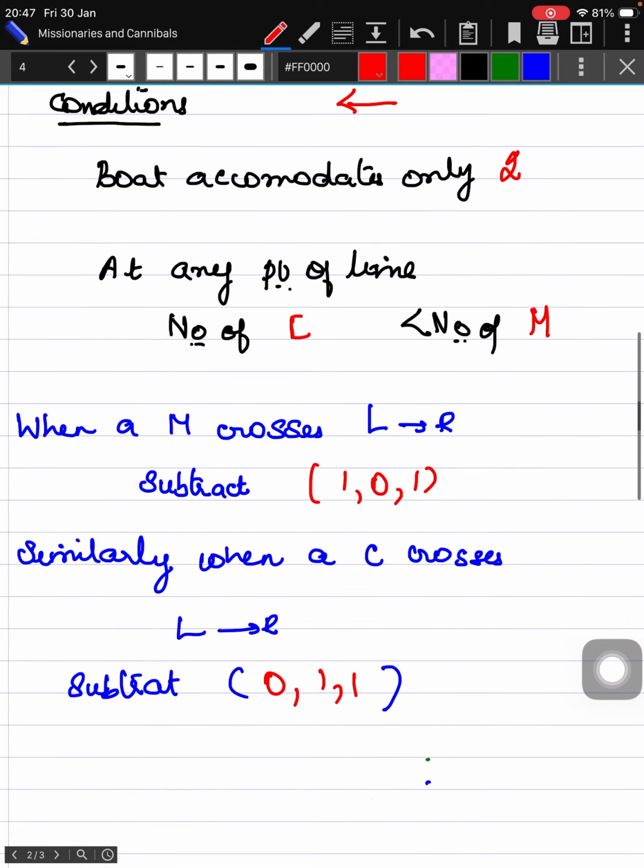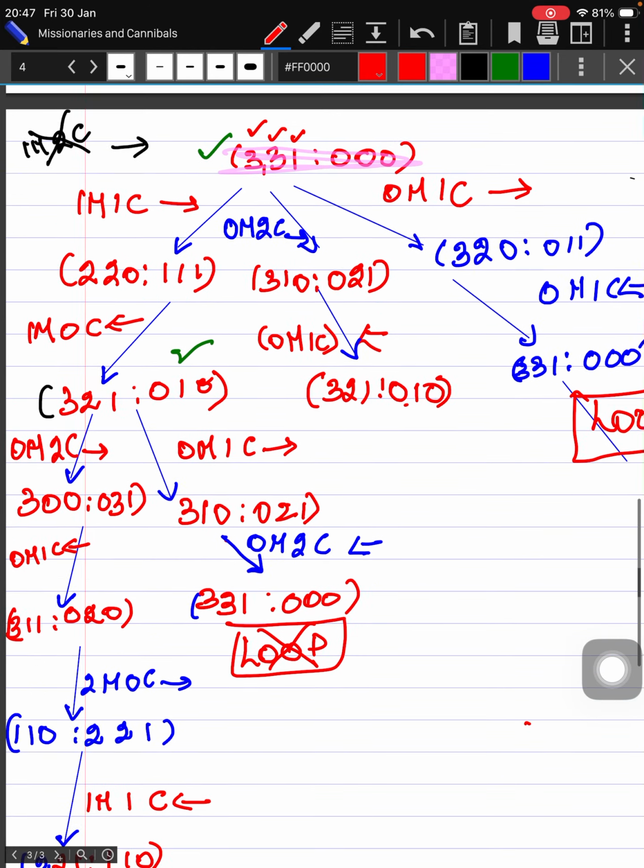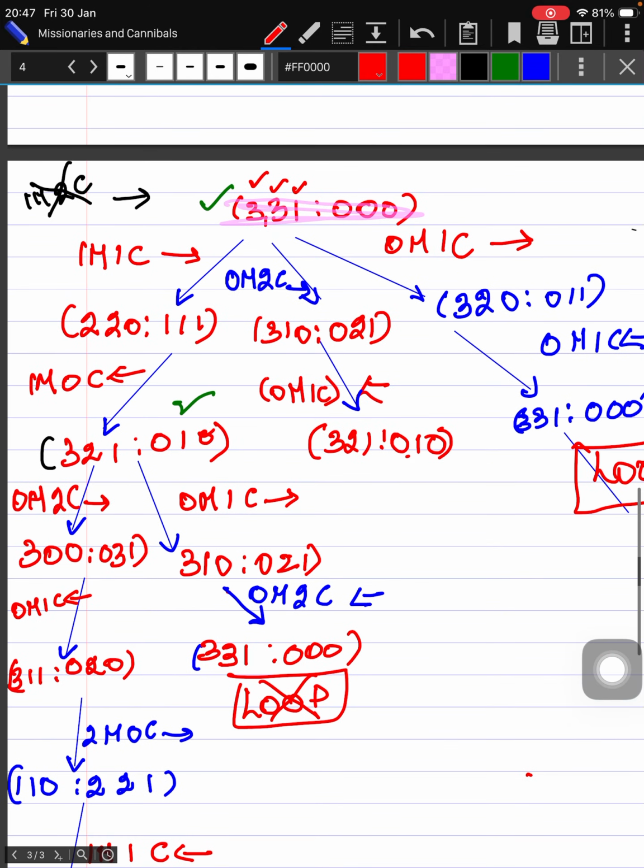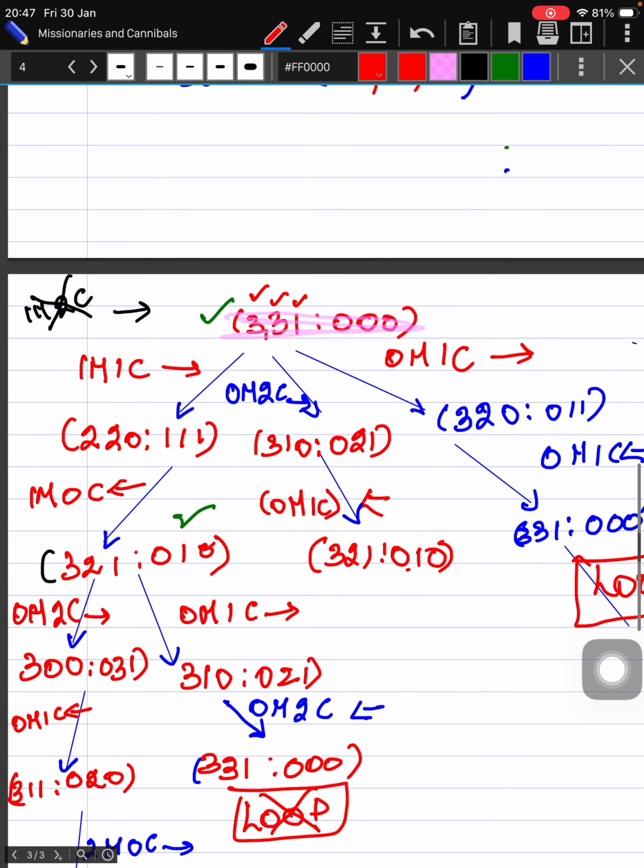Okay. So, in this, what do I want? I want to reach from the start state to the goal state. What was my start state? 3 missionary, 3 cannibal and 1 boat in the left side to 0 missionary, 0 cannibal and 0 boat in the goal state. Okay.